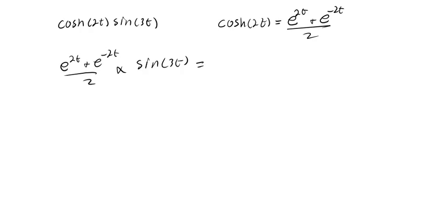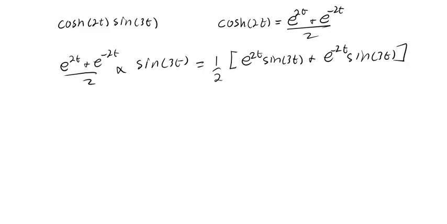I can bring the 1 over 2 on the outside, meaning inside the brackets I put e to the 2t sine 3t, plus e to the minus 2t sine 3t.